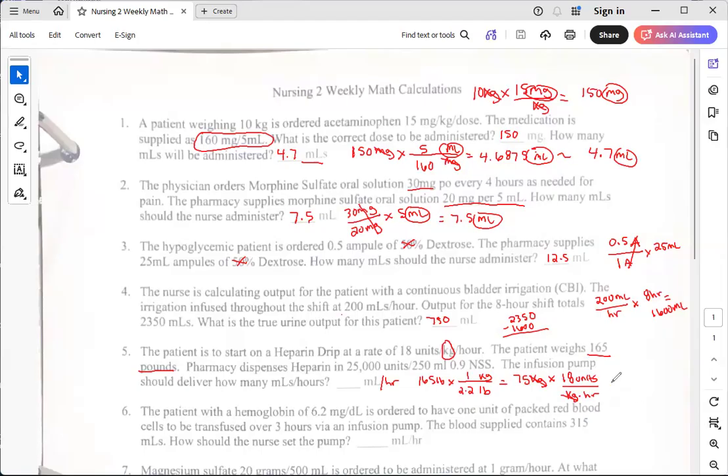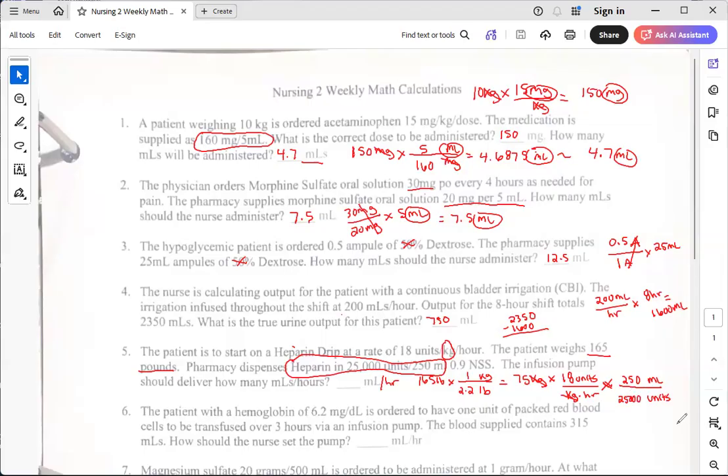The next thing I'm going to do, because I'm looking for ml per hour, is find if I can convert units to ml. And I can, because I have an IV solution of 25,000 units, 250 ml. So I'm going to put the 250 here and the 25,000 here.